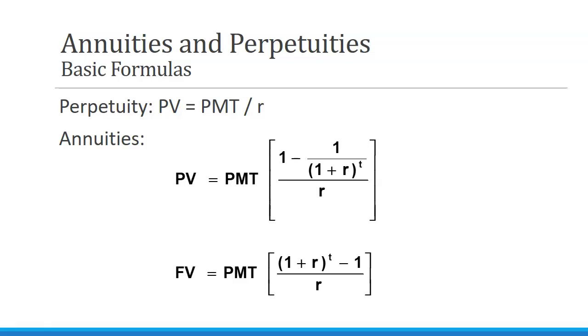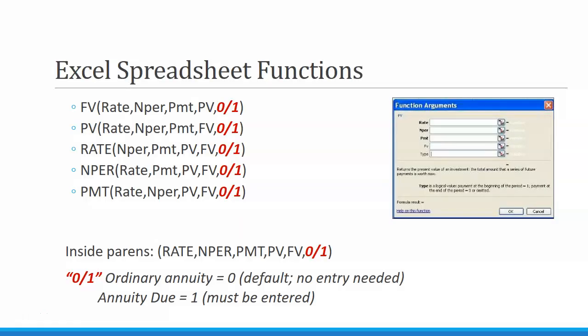So PMT equals payment, R is rate, and T is time, the number of time periods that it occurs.